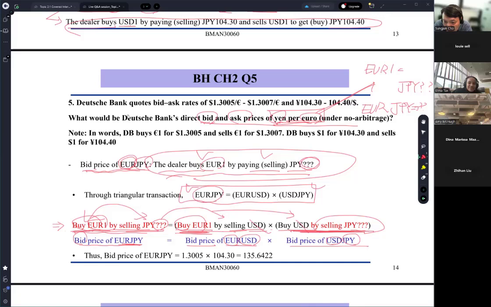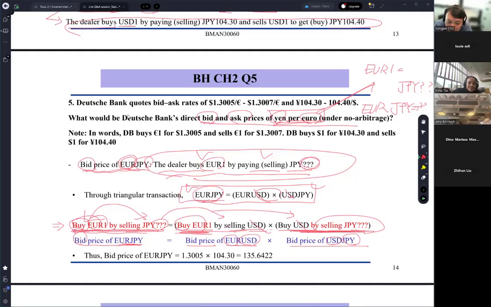We have one exactly same transaction done in two different ways. One, you're exchanging EUR for JPY. Number two, you use USD in the middle, but USD will be canceled. We're going to talk about this in terms of bid price and in terms of ask price. In terms of bid price, we can decompose the whole process into two.